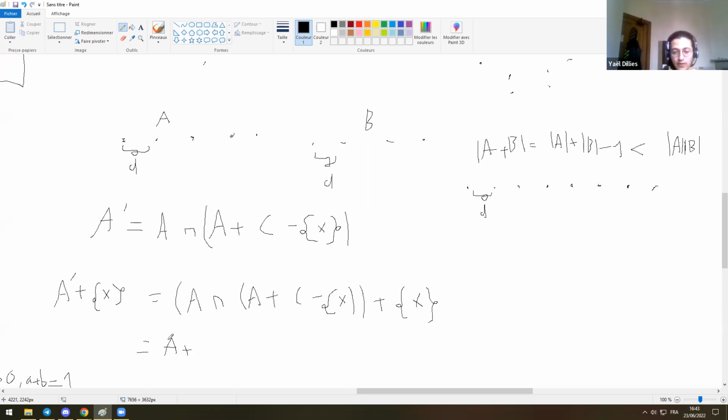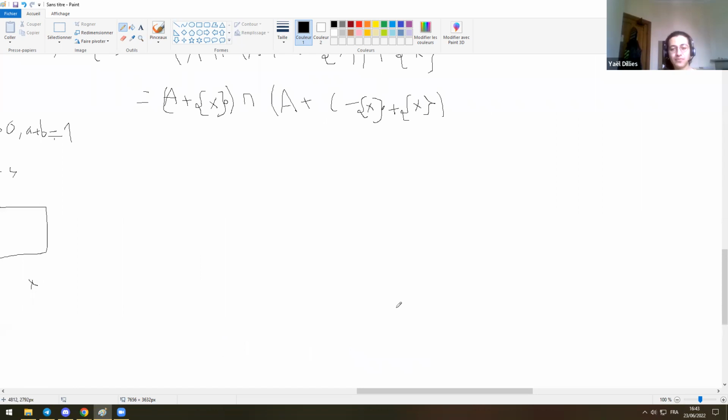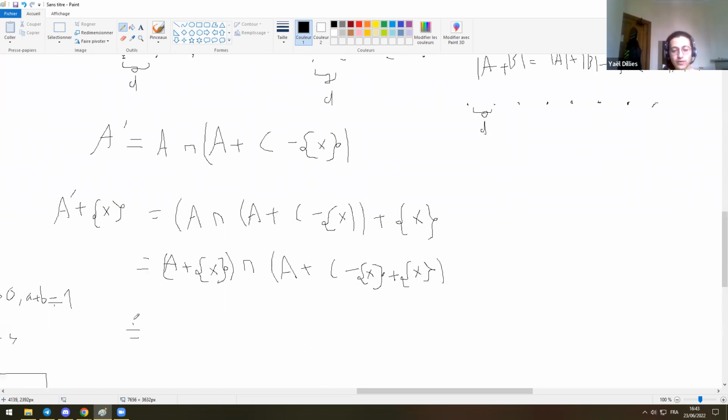So we get A plus X intersected with A plus C minus X plus X. Okay, so now I want this to be equal to A plus X intersected with A plus C. So there's an obvious thing to do. We have to cancel the minus X and plus X. And you're telling me, well, this is obvious. This definitely has to happen.